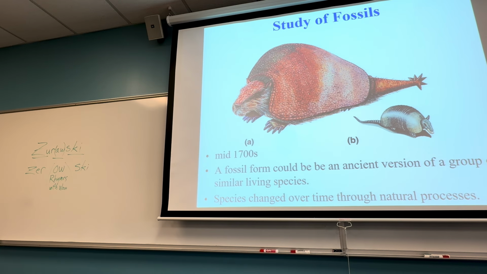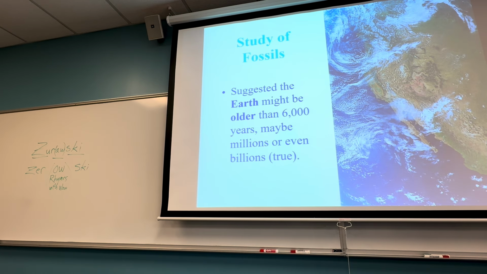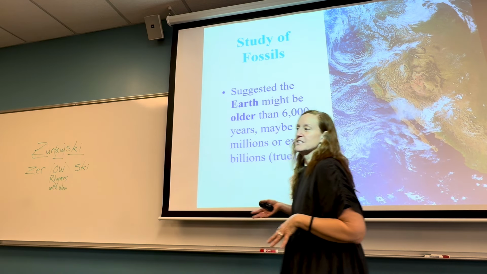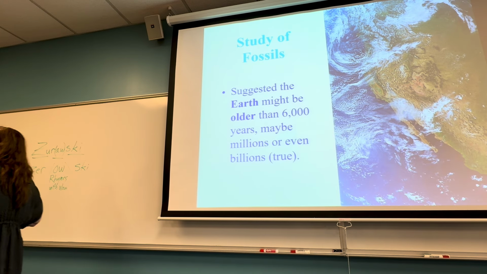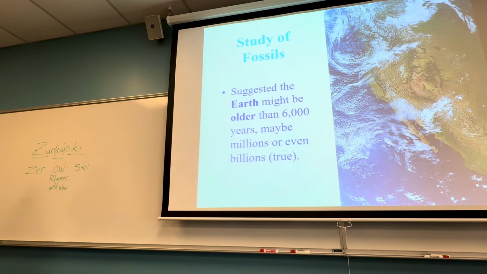So in the studying of fossils, we know that organisms change over time. The other thing that people began to figure out was that they thought the Earth was like 2,000 years old. And then eventually they found, no, you know what? Based on these fossil records, I think the Earth has to be at least 6,000 years old.